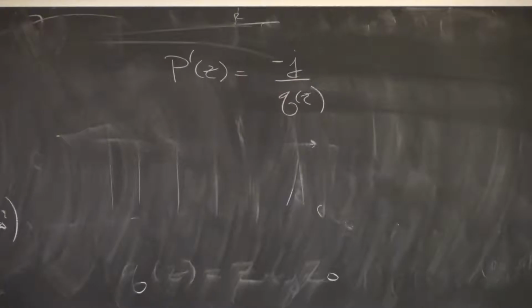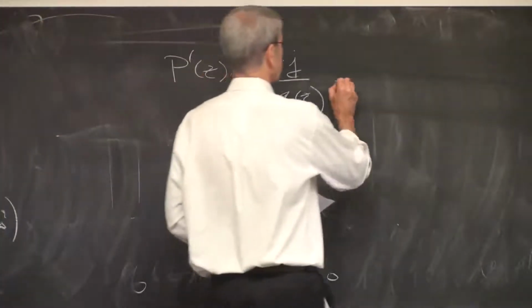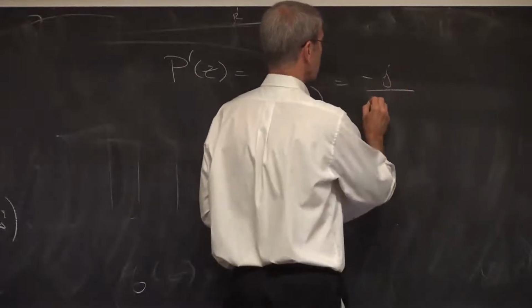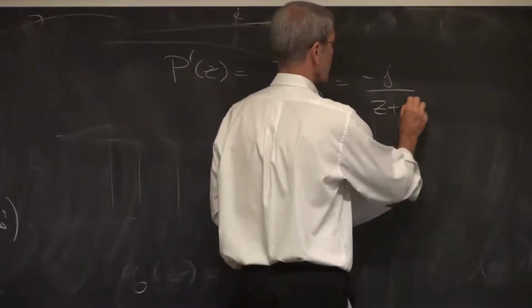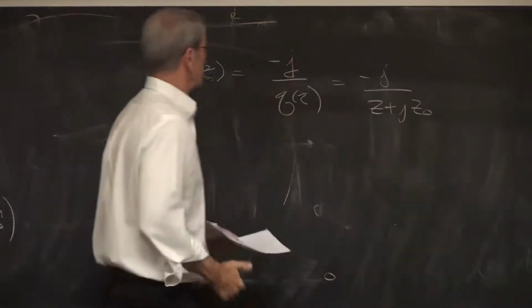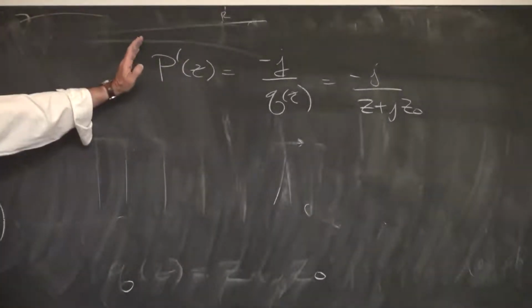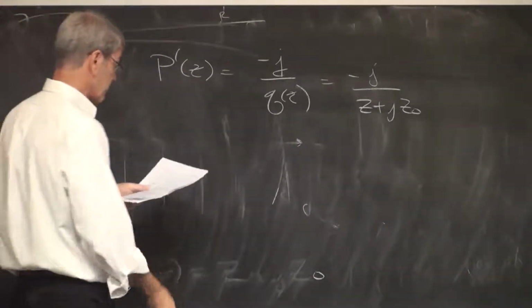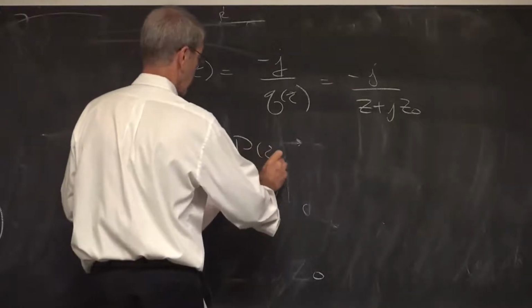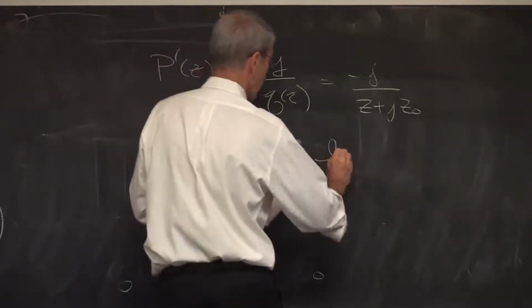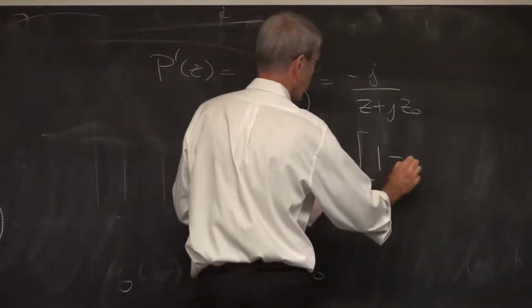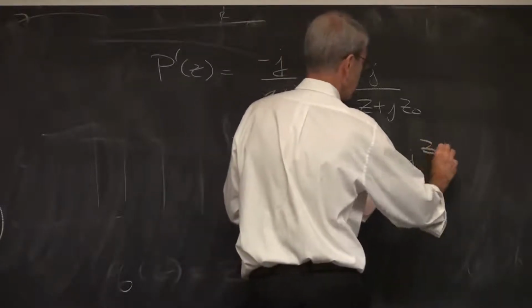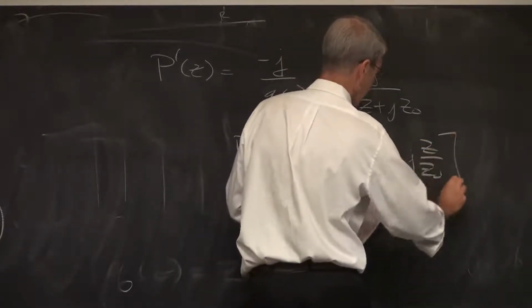So we have to solve that. Well, fortunately, we know Q of Z. So this is minus J over Z plus a constant. So we just integrate with respect to Z. And we find P of Z equals the log of 1 minus J Z over Z naught.